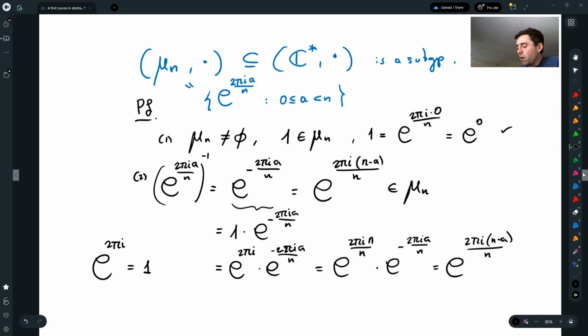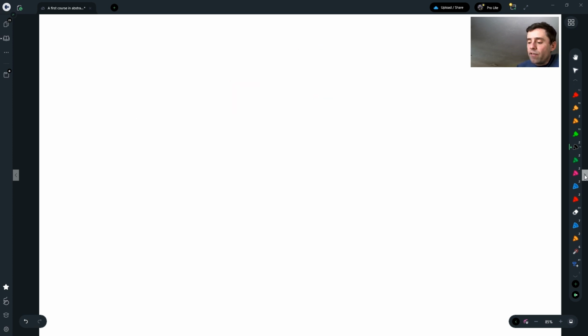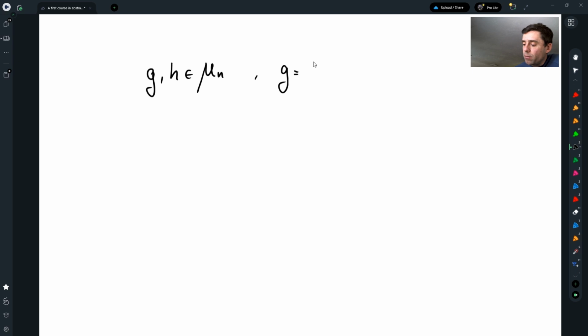And now let's multiply two of them together and see that they are also another root of unity. So if g and h are nth roots of unity, then g will be some e^(2 pi i a/n) and h will be some e^(2 pi i b/n). And then how much is g times h inverse?